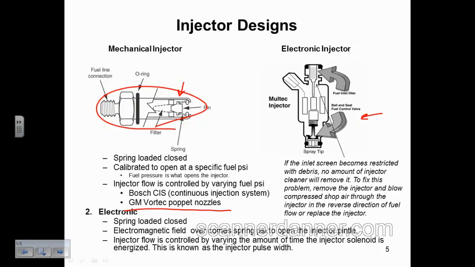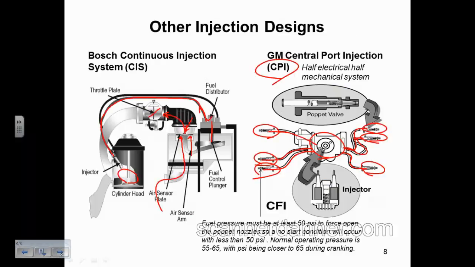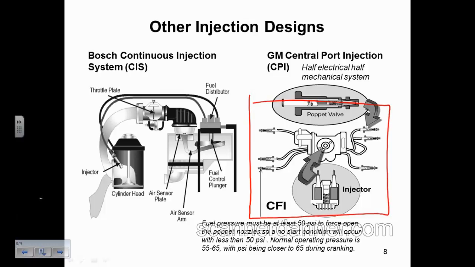I start going through my no start diagnosis, my process, and I'm checking spark, checking fuel, checking injector pulse. And what I found, go down to this page. Well, the manifold covers all this, and the 2 wires for this injector would come through a grommet on the outside, so we could actually check injector pulse.